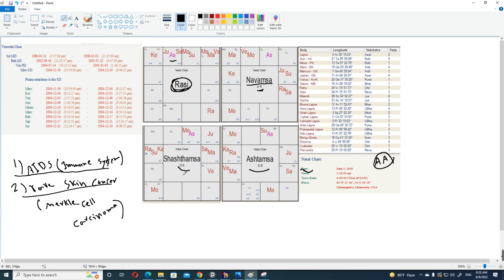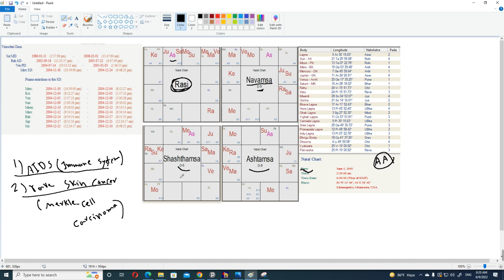For analyzing the health of the native, you need three charts. Main chart, Rasi, that is the main base chart, position of planets in sidereal; Navamsha, that is the D9 divisional chart; and Shashtamsha, that is the D6 divisional chart connected to the disease. It is related to the disease and health of the native.